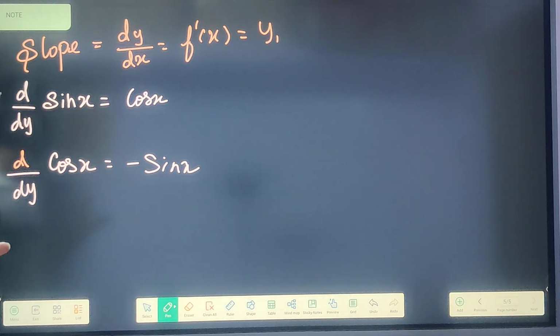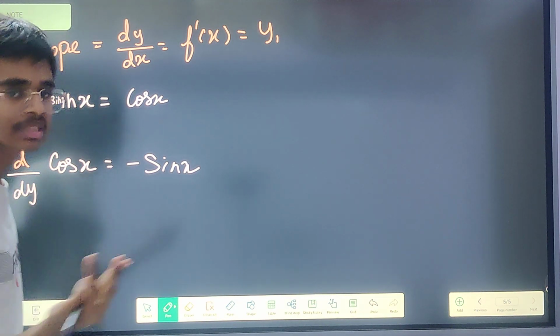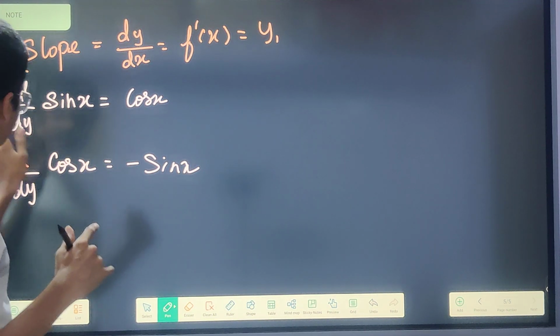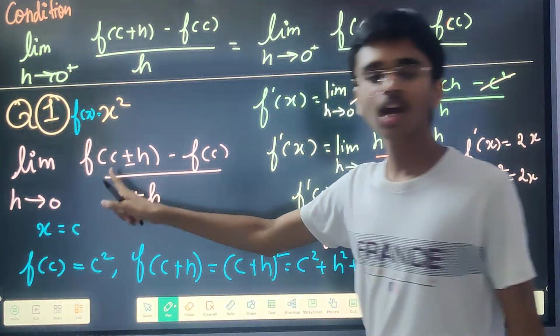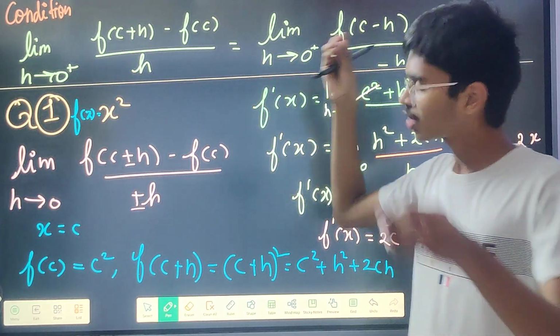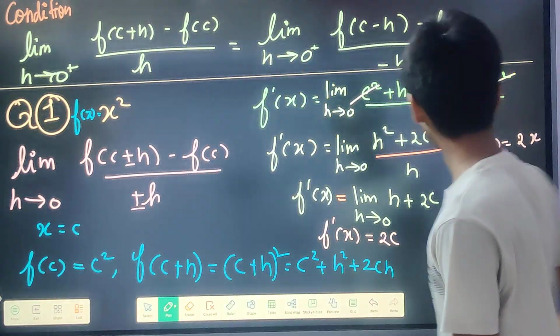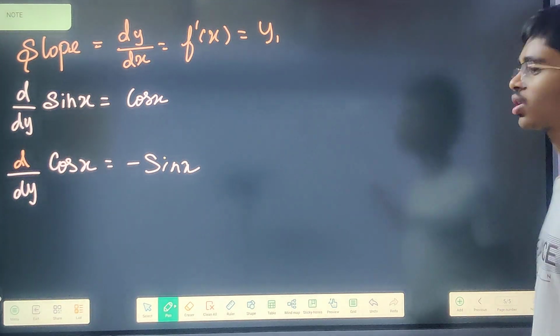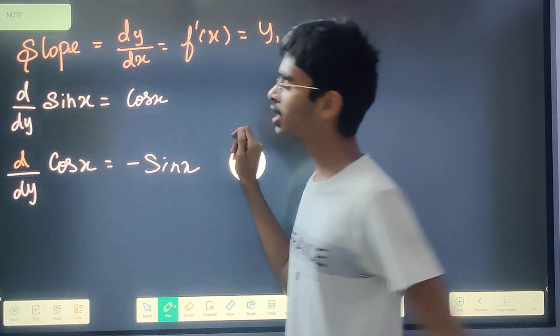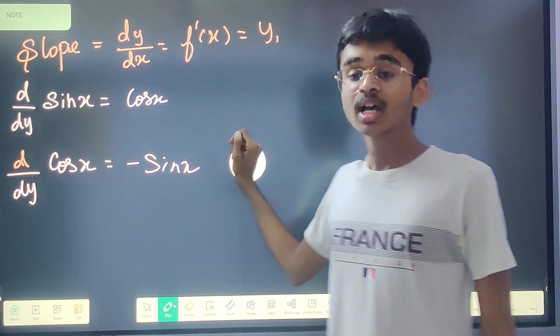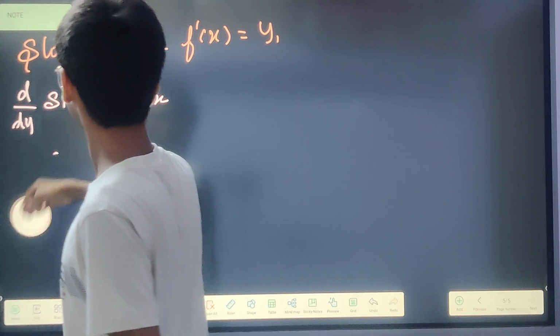By using this formula, in place of c you put sin. Then mathematicians have done some processes, and after taking h out of that formula, they got cos. Over here the same procedure, and you'll get minus sin x.